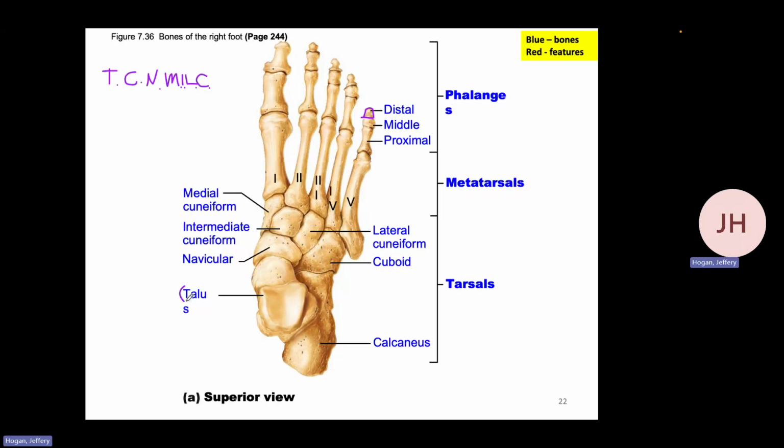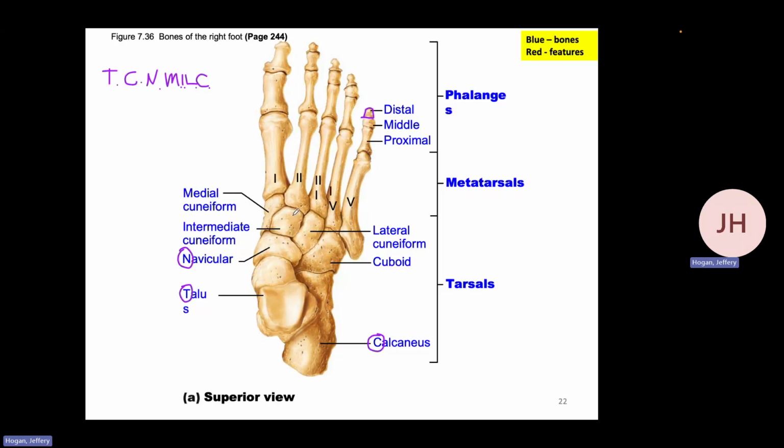So tiger, T for tiger, Tony the tiger, great. Cubs for calcaneus. This is your heel bone. It's the largest tarsal bone. If you pick it up and hold it in lab next time we meet, you'll see that it feels a little bit like a pistol grip. And you can actually tell which side it's from based on which hand it fits in better. Moving forward, the keystone of the arch of the foot, the navicular bone, need.